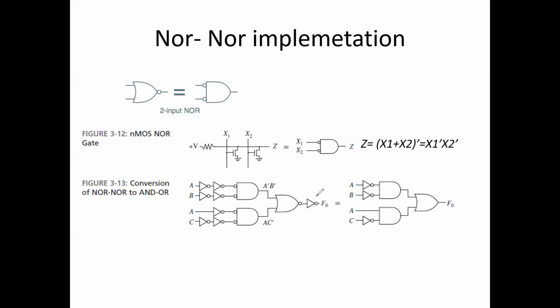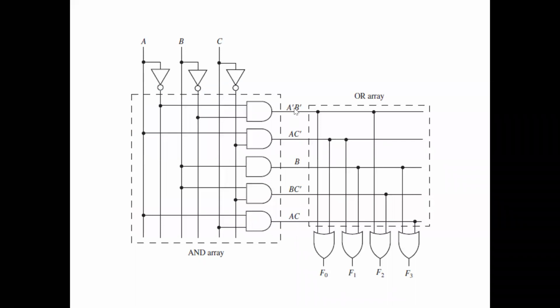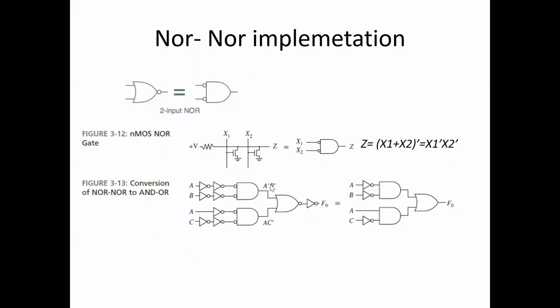Now if I have to get A bar B bar, this was the input A bar and B bar for the first one. To get A bar and B bar using this logic, it should be x1 and x2, which means you have to pass them through 2 inverters. A becomes A bar here, then A bar of bar is A, which is passed through this, and B is passed like this, and you get A bar B bar.